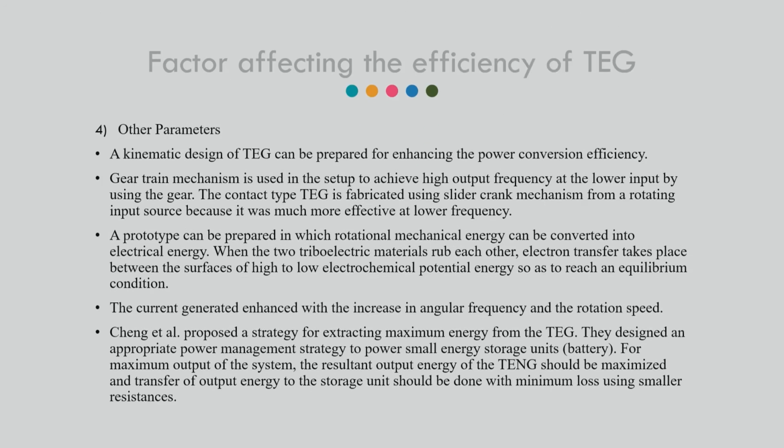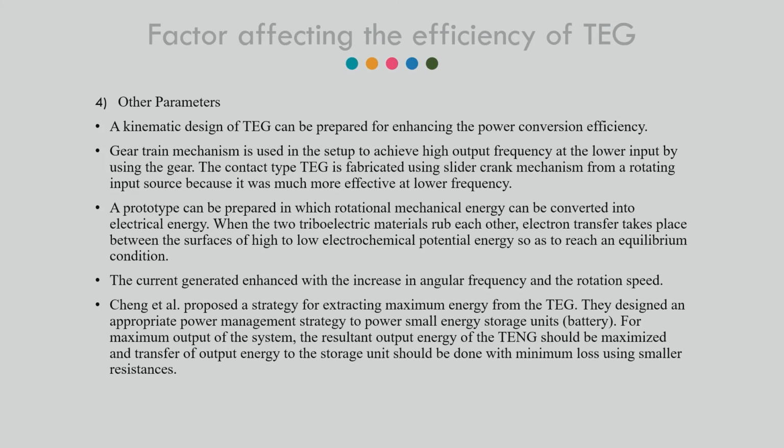Last, other parameters. A kinematic design of a triboelectric generator can be prepared for enhancing the power conversion efficiency. A gear train mechanism is used in the setup to achieve high output frequency at a lower input. The contact type triboelectric generator is fabricated using a sliding crank mechanism from a rotating input source because it was more effective at lower frequency.